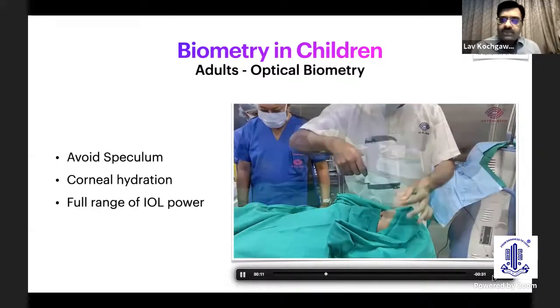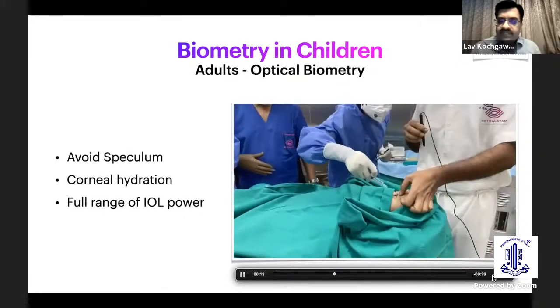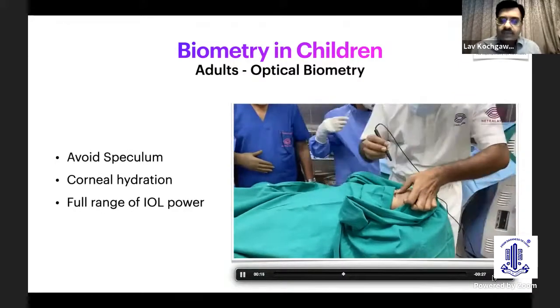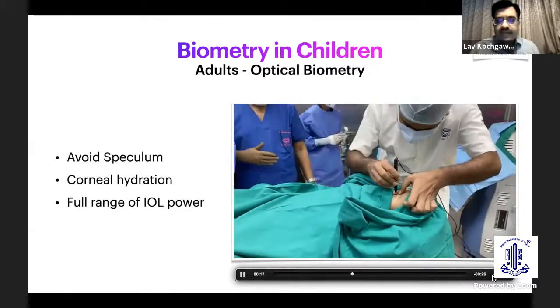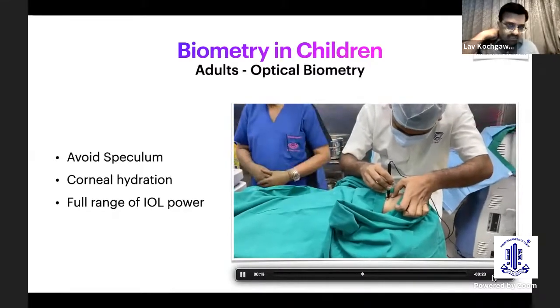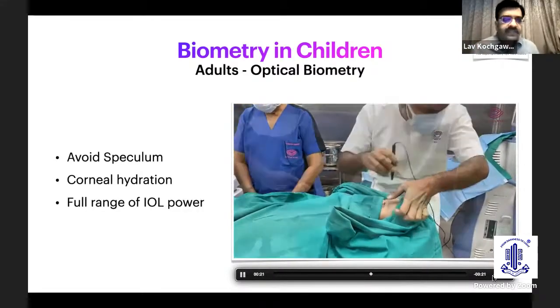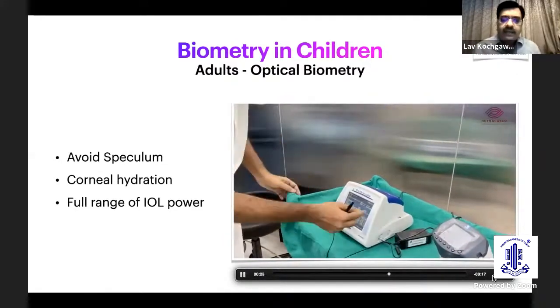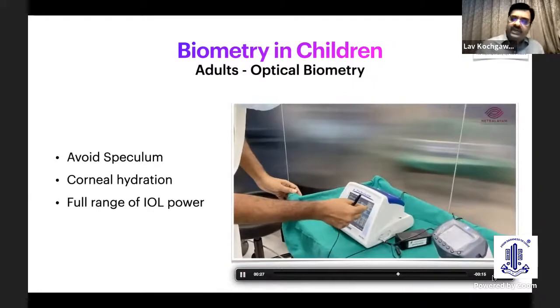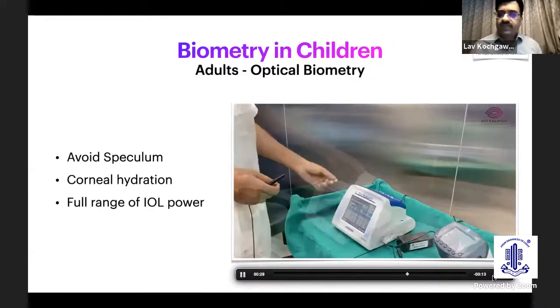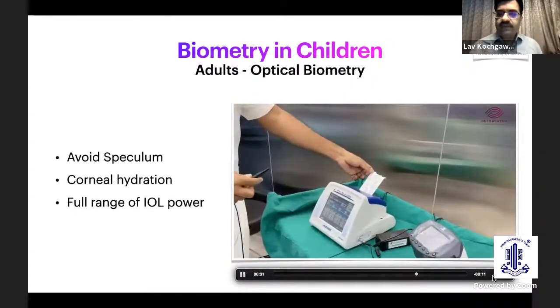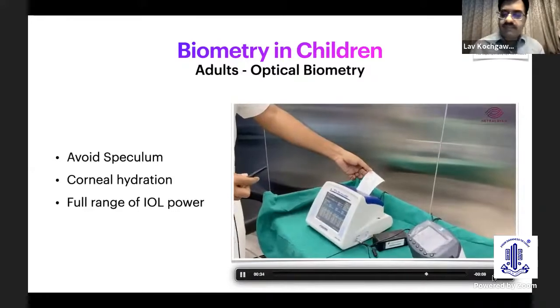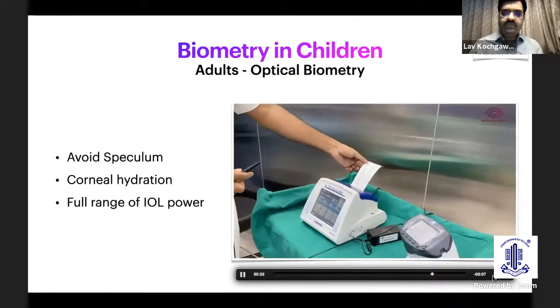An important precaution while doing biometry after general anesthesia is that it is better to avoid the speculum, and ideally we should do immersion, but here you see that we are doing a contact biometry. The cornea has to be hydrated properly, and it's always better to keep a full range of IOL power with us, so that once we have the IOL power, and if we are operating in the same sitting, then we have the lens with us.